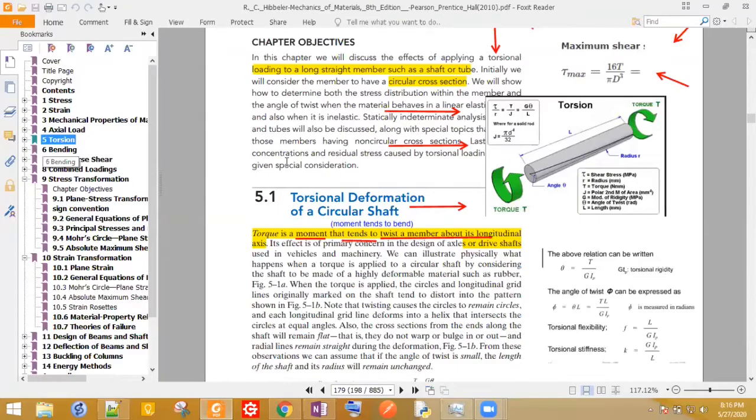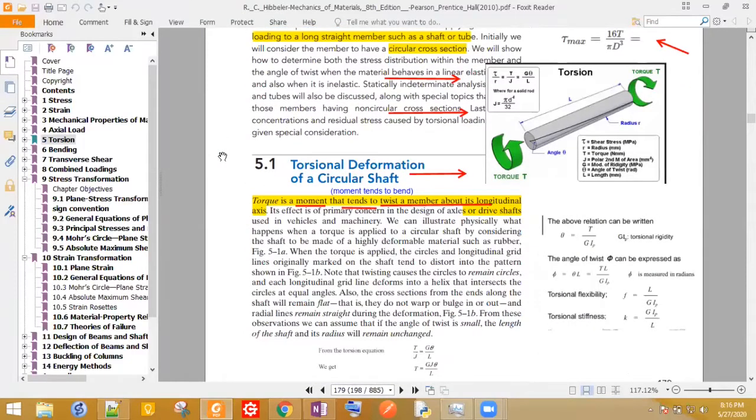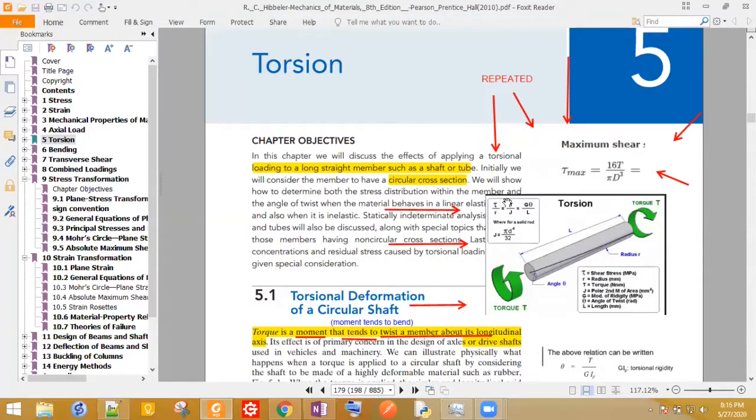So the torsion equation, you need to remember only this: tau by r, shear stress upon radius, is equal to T by J, is equal to G theta upon L.